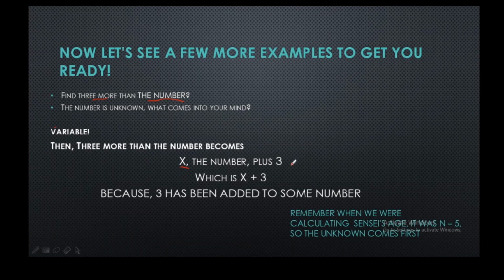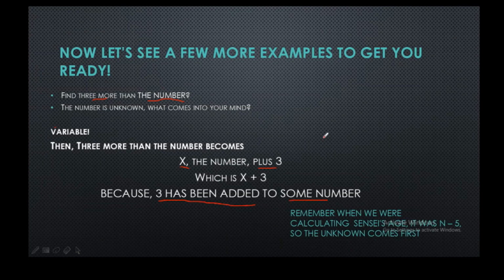So you see this, you would ask again, why didn't 3 come before x? For addition, it can be pardoned, but for subtraction, 3 can't come before x because that is not what they are saying. This is because 3 has been added to some number. So the number was there on its own.